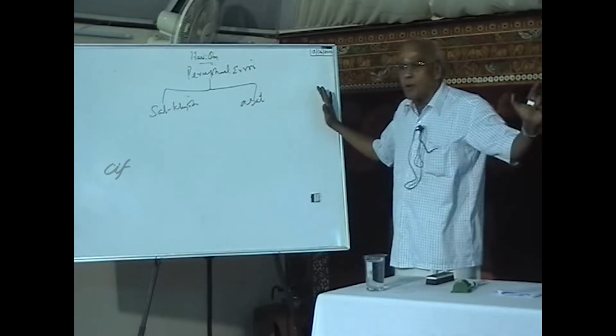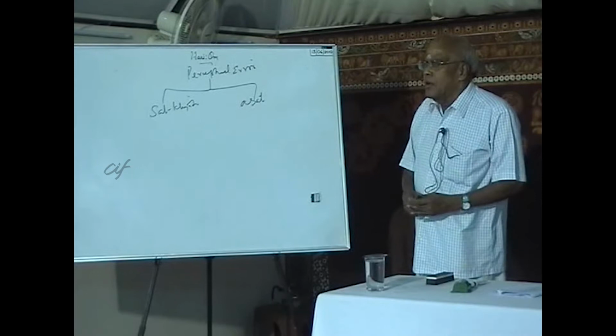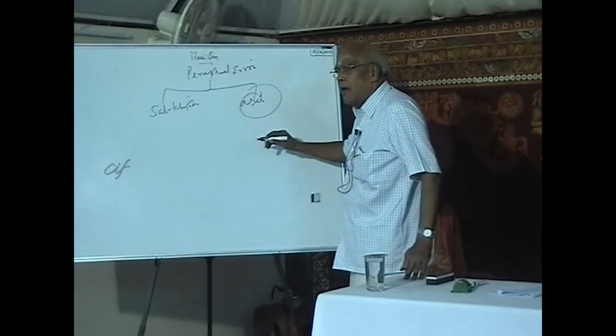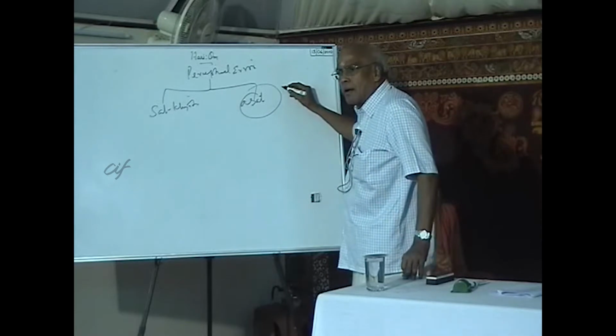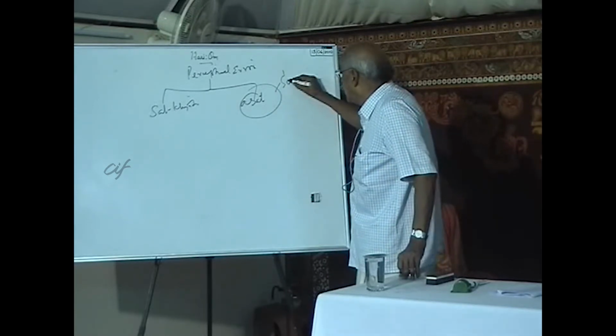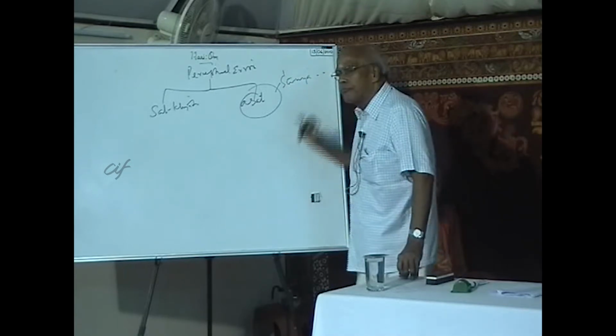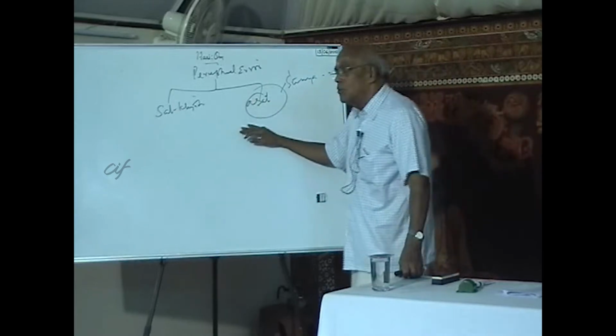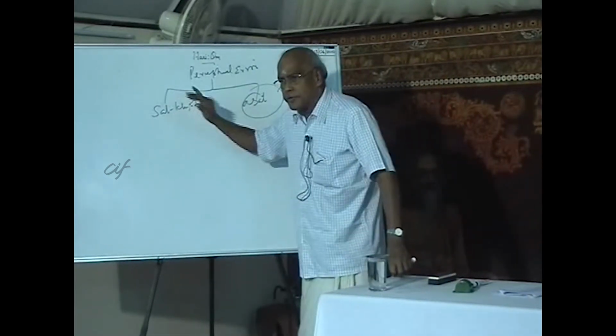For him, the problem is easy. So, the Asatyadi is entertained by the Madhyamika Buddhist or the Sunyavadi.